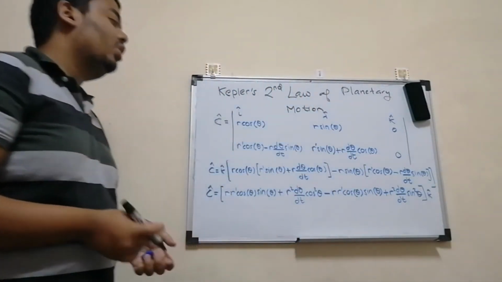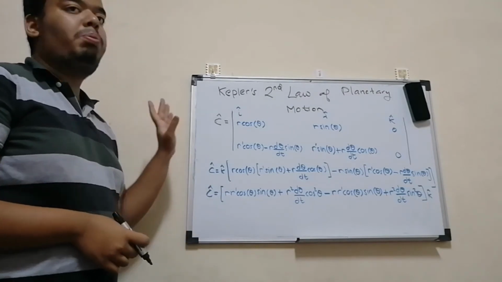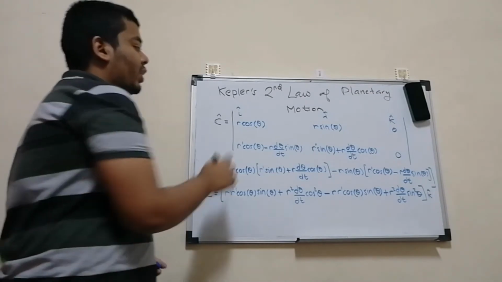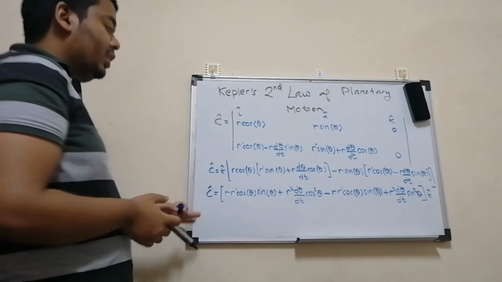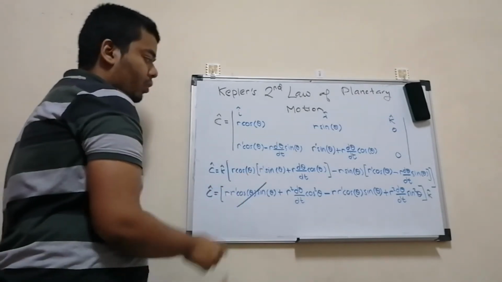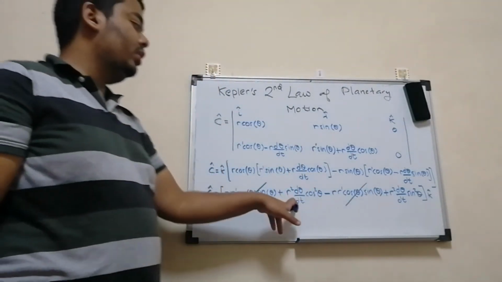It is also proving our fact, as I mentioned in my previous video, that the c vector is completely in the z-axis, which is proven by the fact that it does not have any i and j components. It's only having a k component. From this itself, we can notice something. This term and this term are exactly the same and having opposite signs. We are left with these two terms.